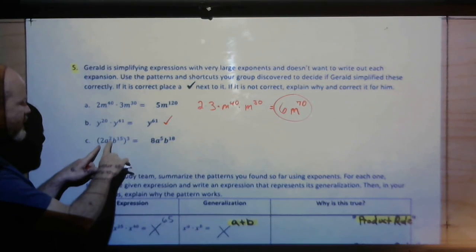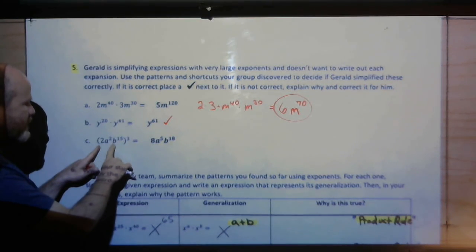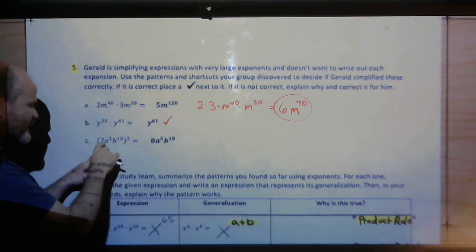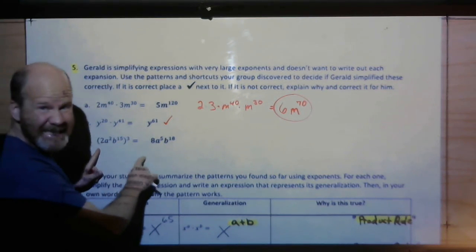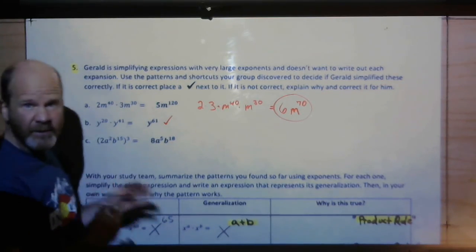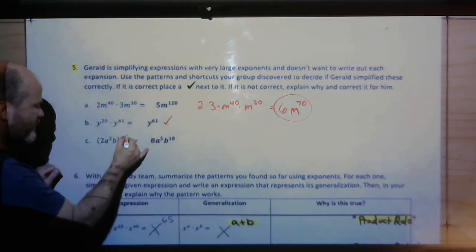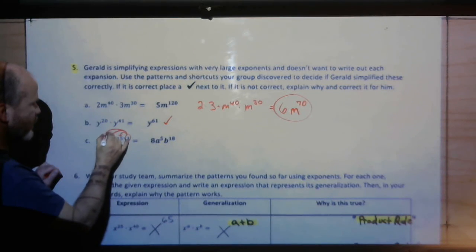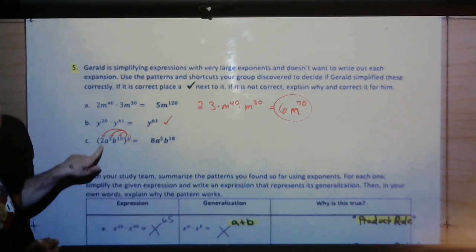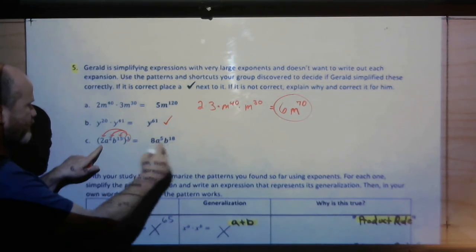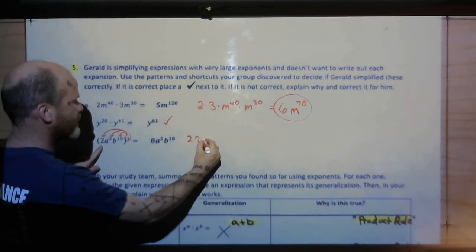Okay, last one. We have 2a squared, b to the 15th, all to the 3rd power, which means that this is being multiplied by itself 3 times. Now, just remember, and this is kind of a jump from our earlier ones, this 3 is applying to the exponents, but it also has to apply to that 2 right there. So let's see, he's got an 8, because that's 2 times 2 times 2, that's 8.